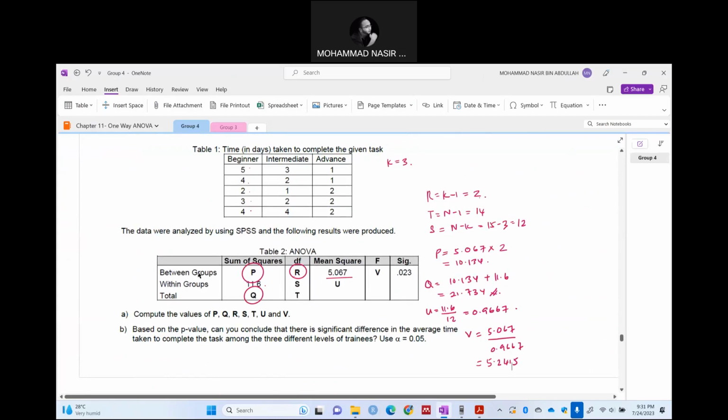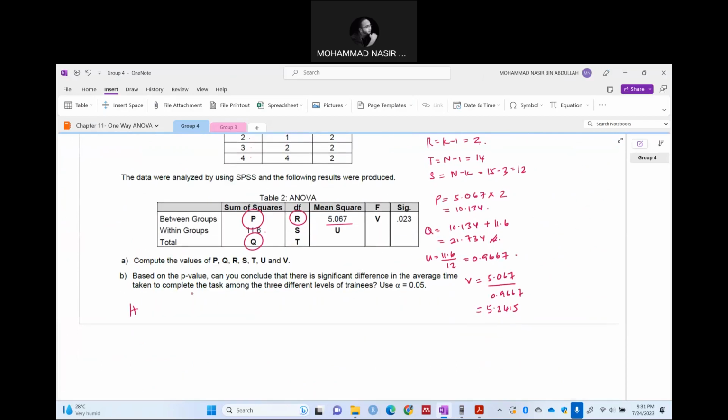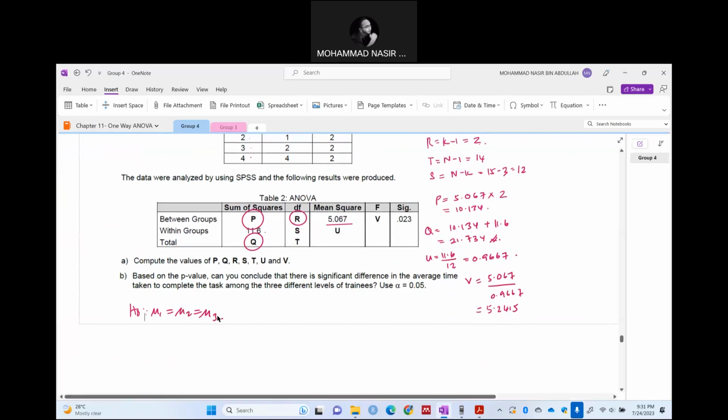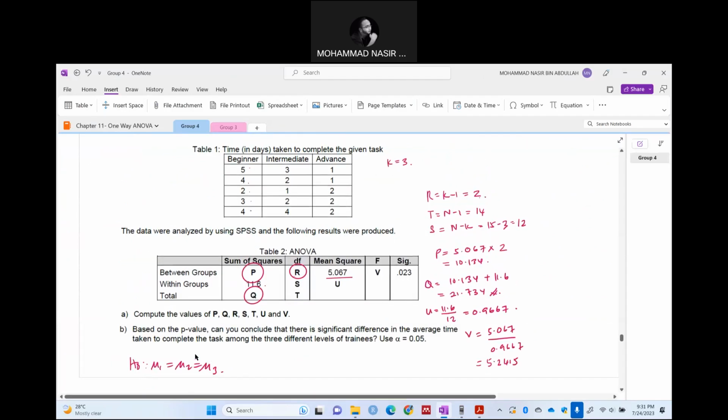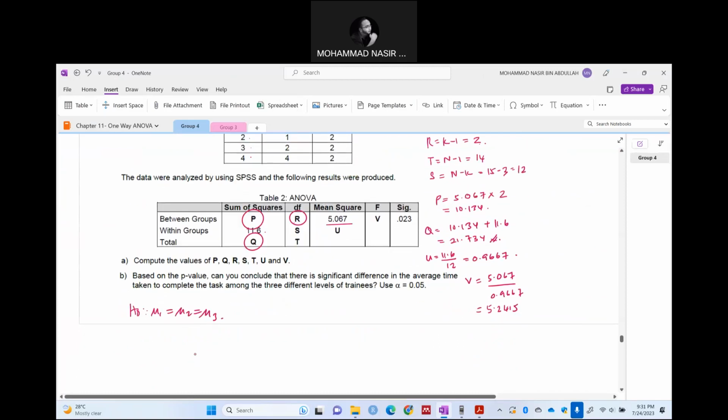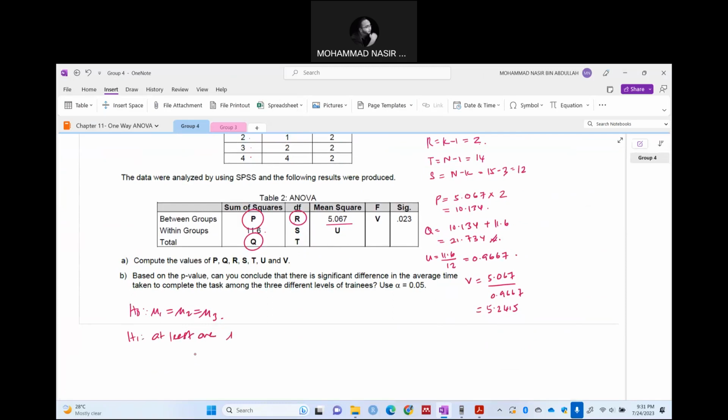So from here, based on the p-value, can you conclude that there is a significant difference in the average time taken to complete the task among 3 different levels of trainees? So null hypothesis, mu1 equal to mu2 equal to mu3, where mu1 is beginner, mu2 is intermediate, mu3 is advanced. Alternative hypothesis, at least 1 mu I is not equal to 0.